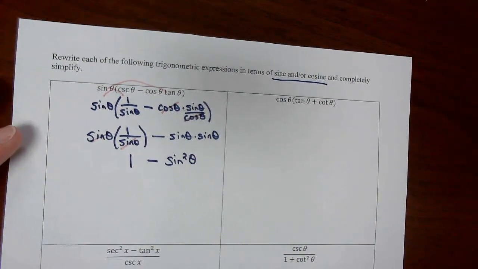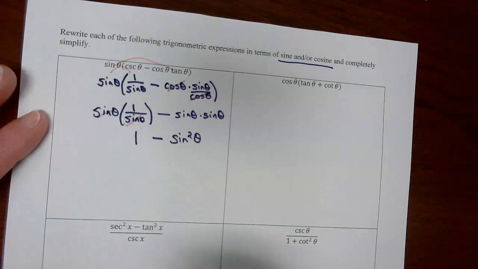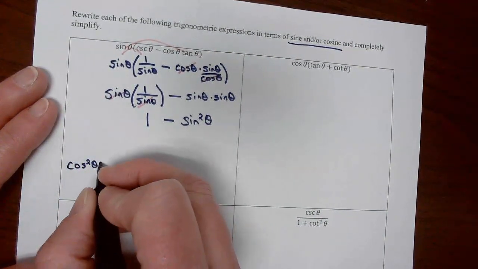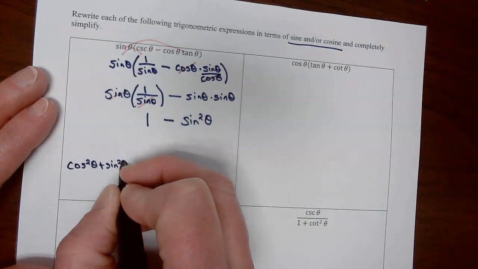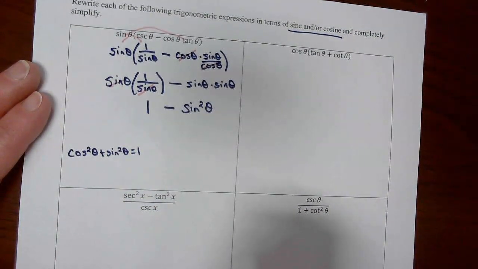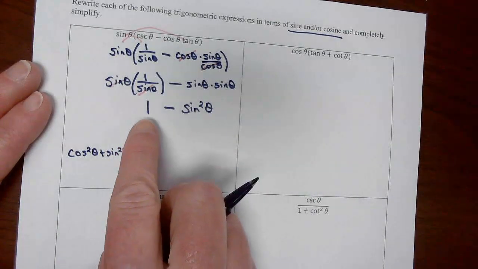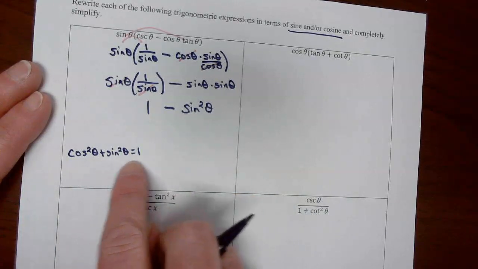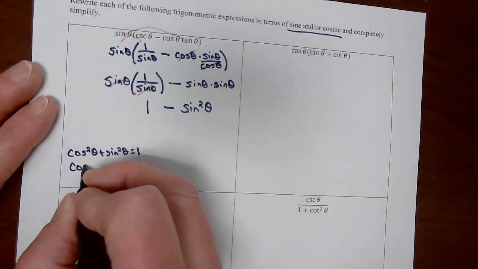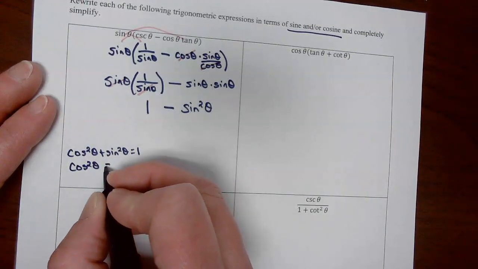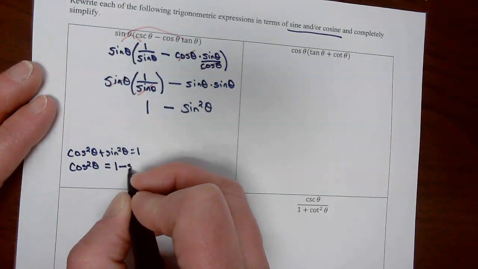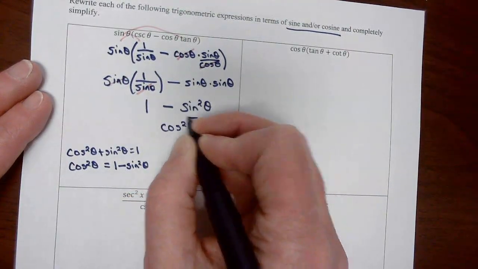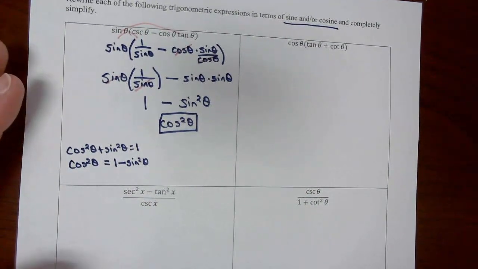I see that sine squared, and I remember we had cosine squared plus sine squared equals 1. So what happens if I do 1 minus sine squared? Well, that would be like subtracting sine squared here. Cosine squared would be equal to 1 minus sine squared. So this reduces to just cosine squared, which is a lot simpler than what I started with.